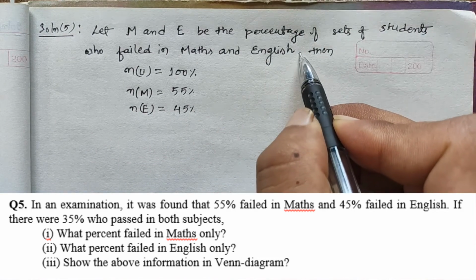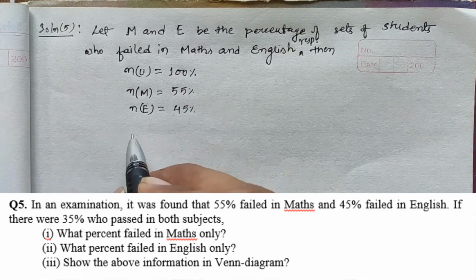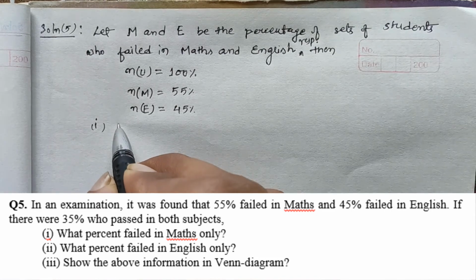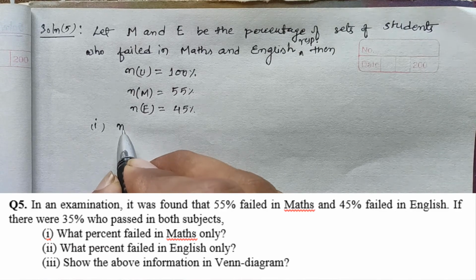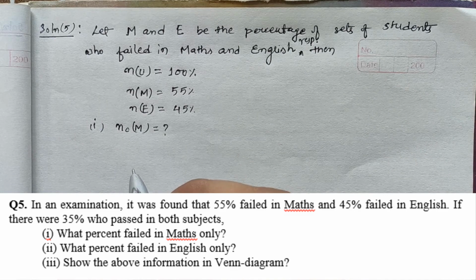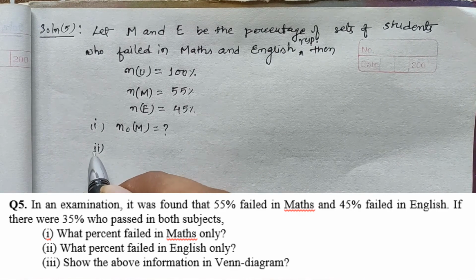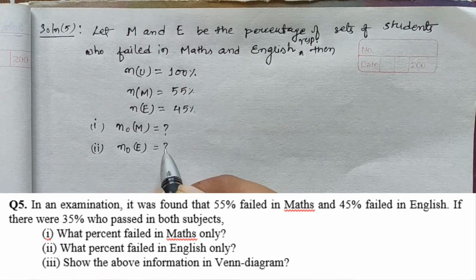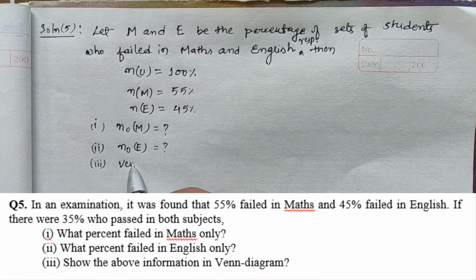Don't forget to write here 'respectively'. Then in the first case, what you have to find? You have to find failed in maths only, so n only M you have to find. Only means those who only failed in maths. Failed in English only, you have to find that also: n only E equal to what? And in the third case, you have to draw the Venn diagram.